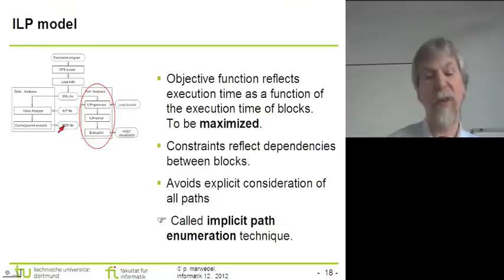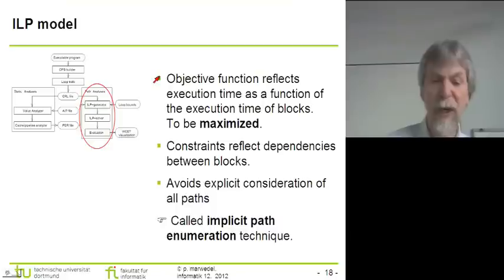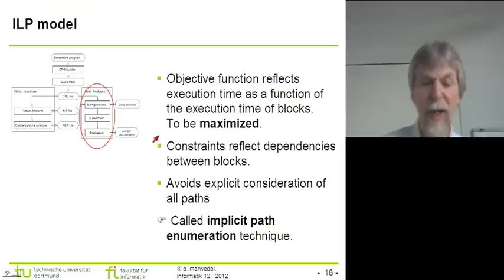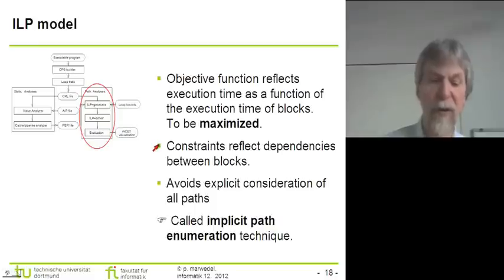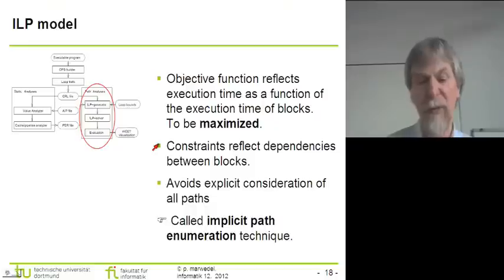And from that information, we have to figure out what is the largest execution time for the entire program. We do this by computing a certain objective function that reflects the overall execution time, and by also modeling certain constraints that reflect dependencies between the different blocks.